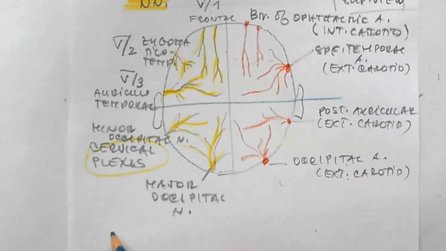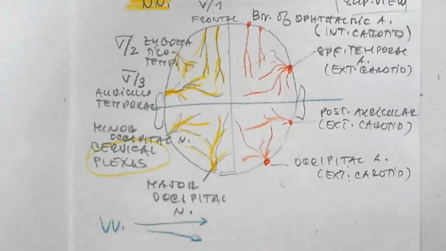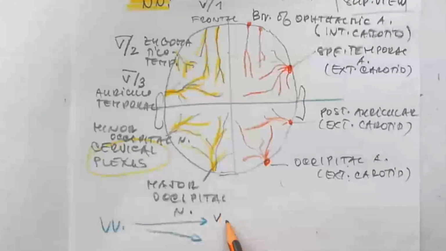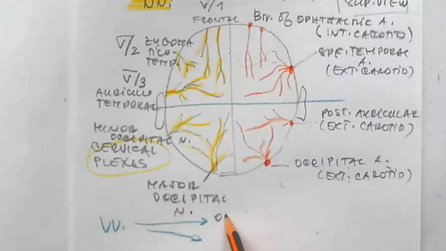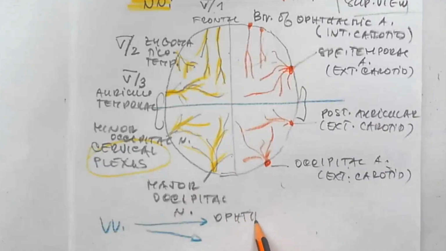Concerning the veins, simply, the veins are drained into two bigger veins. They are the ophthalmic veins anteriorly.